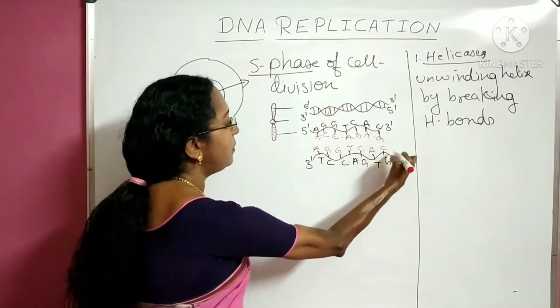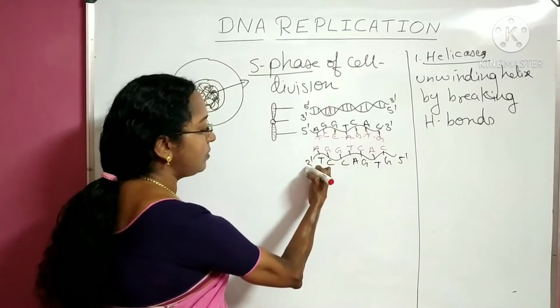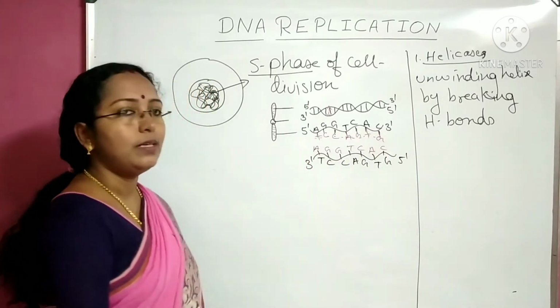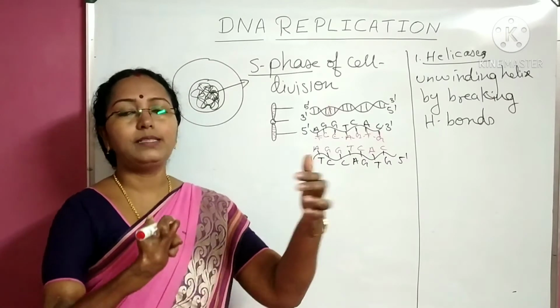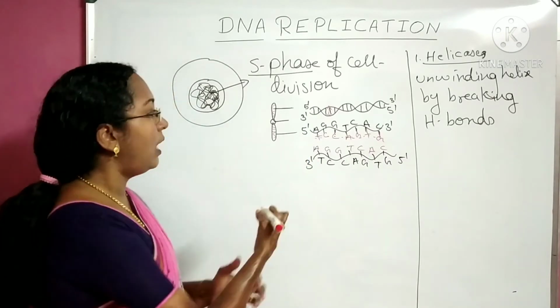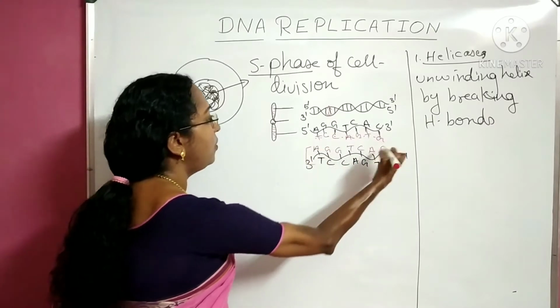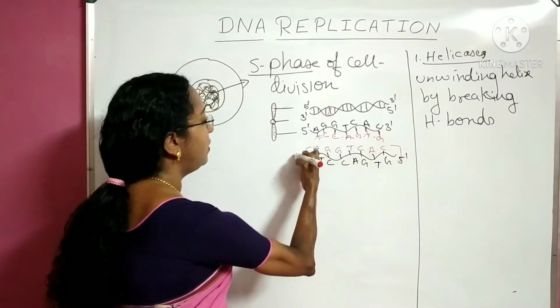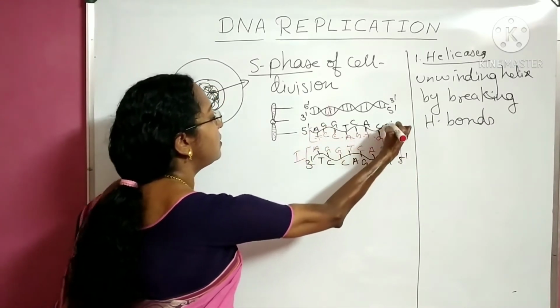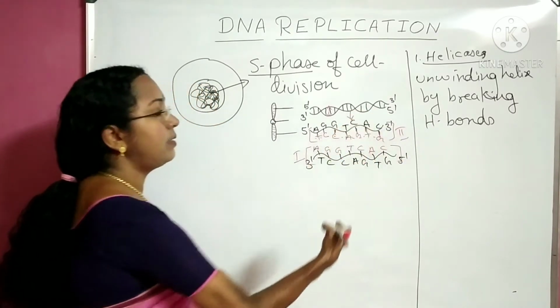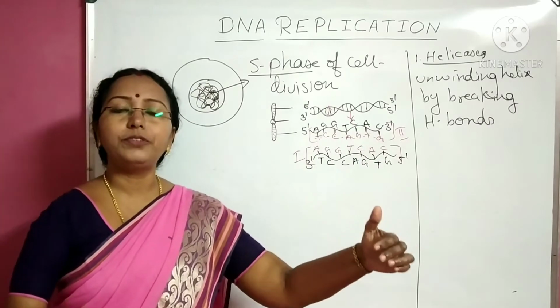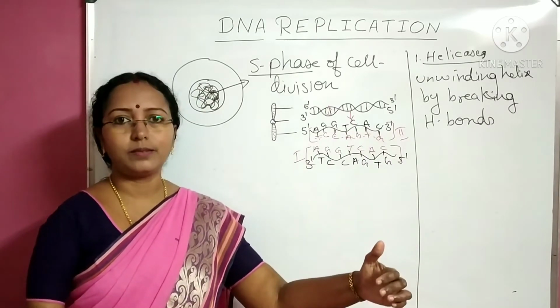So this strand which is running in 3' to 5' also synthesizes a new strand, based on complementarity. So ultimately what you got here is one DNA molecule and another DNA molecule. This DNA molecule has replicated into two different DNA molecules.